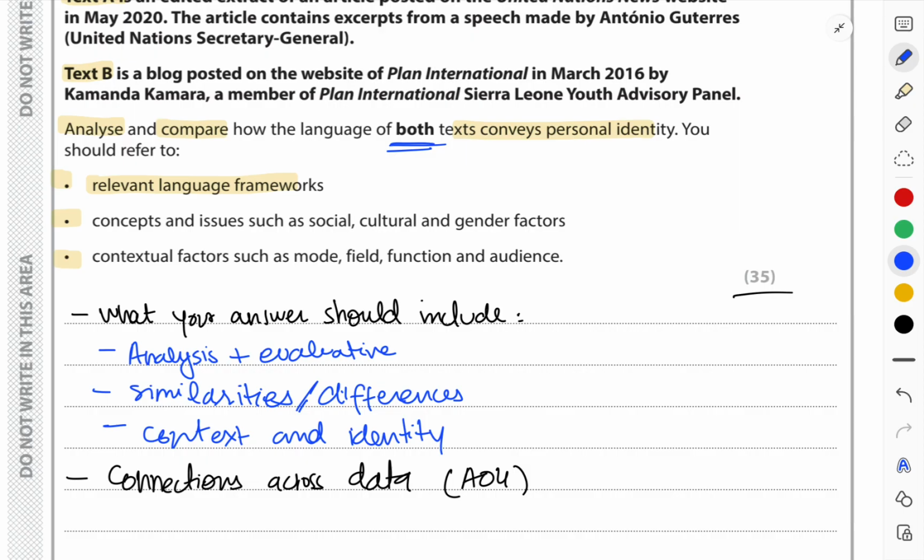You make a point, then you link it to context: this is happening in the context of this, or this is happening in the context of this person having such an identity. I know it might seem ambiguous right now, because we're saying this person or that person, but in future videos, inshallah, we're going to go through some past papers together, so we'll see exactly how it works.